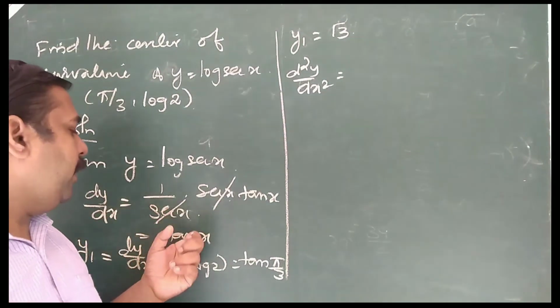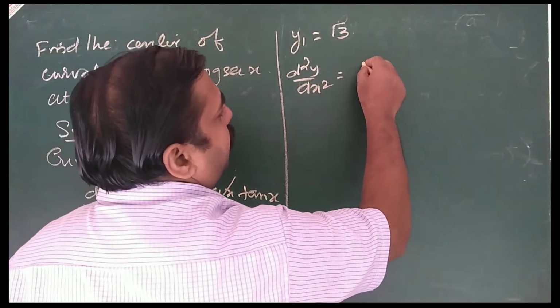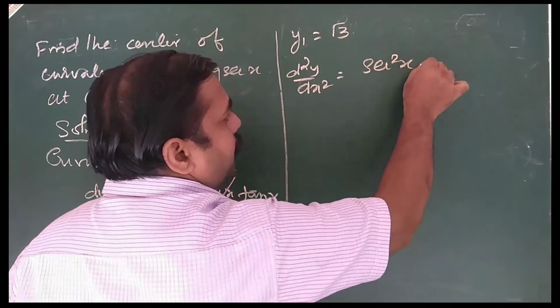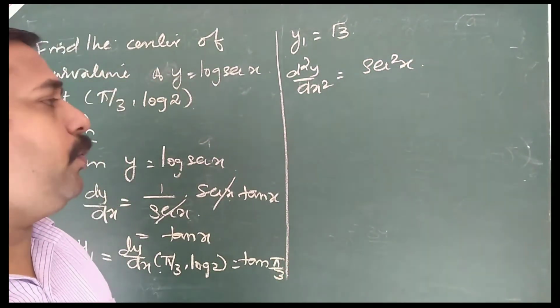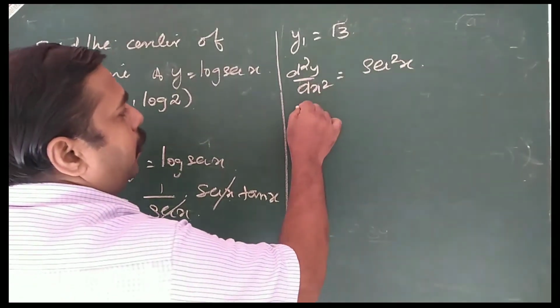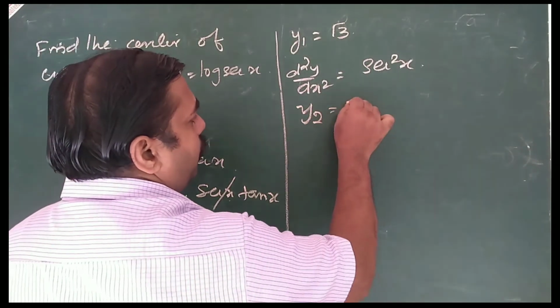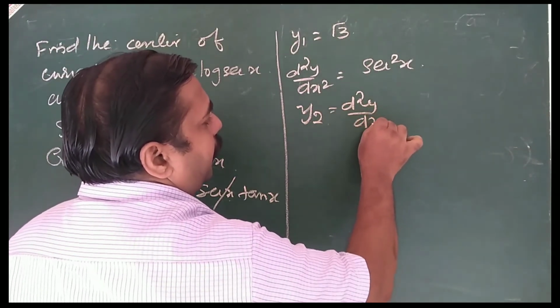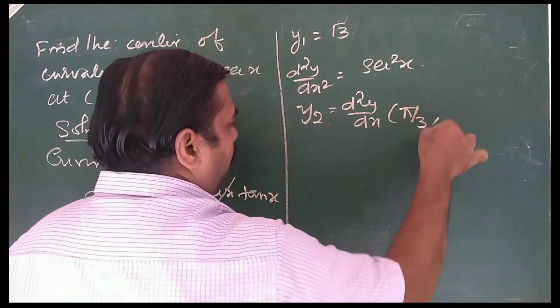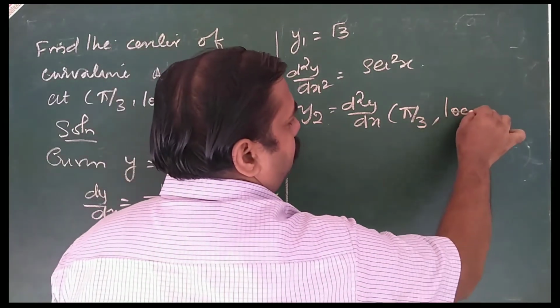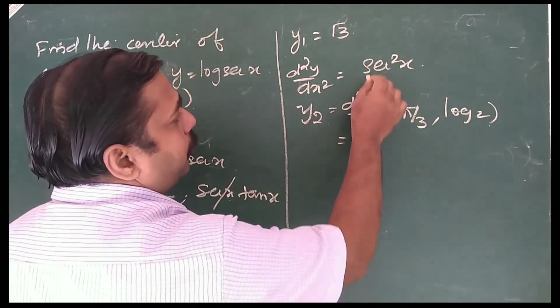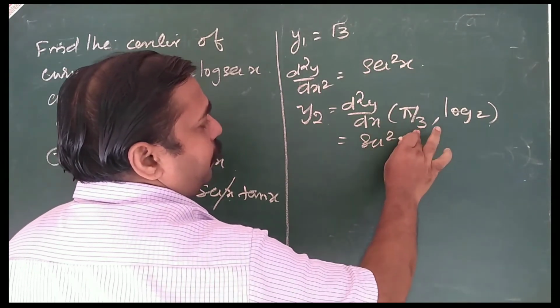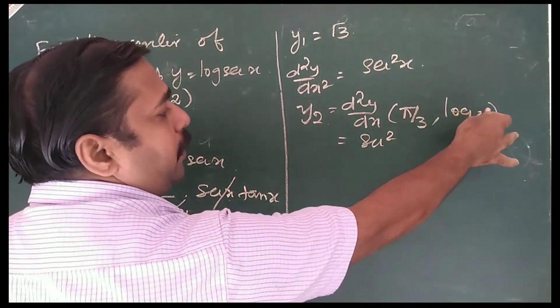Now d square y by dx square is equal to what? The differentiation of tan x is sec square x. So that is y2, equal to d square y by dx square at the point (pi by 3, log 2). So that is equal to sec square pi by 3, because x is pi by 3 and y is log 2.